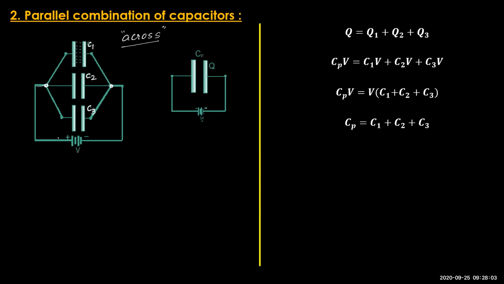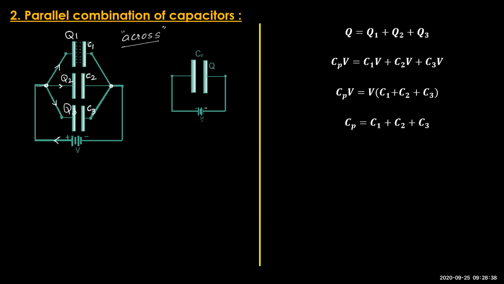When current starts to flow from this battery, different currents will flow through the three capacitors. Hence, each capacitor will be charged differently. That is, Q1 is the charge on C1, Q2 is the charge on C2, and Q3 is the charge on C3. All are charged with different amounts.